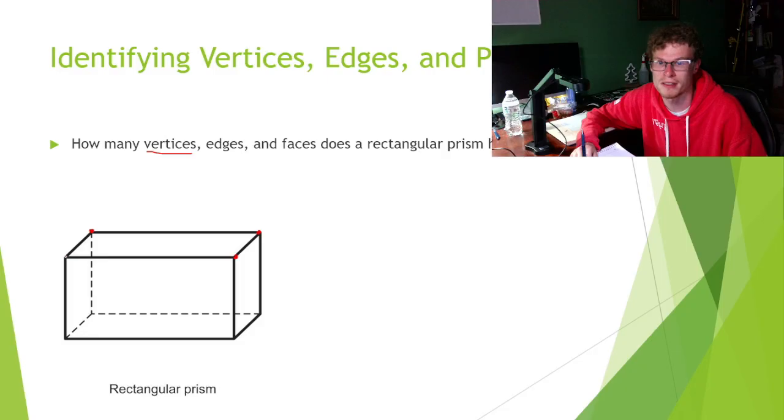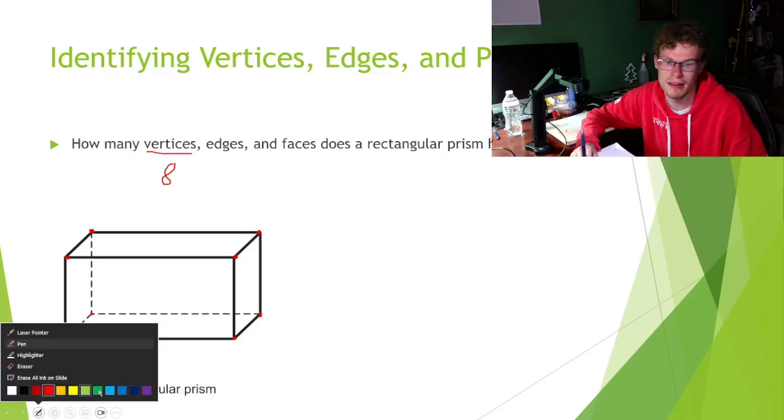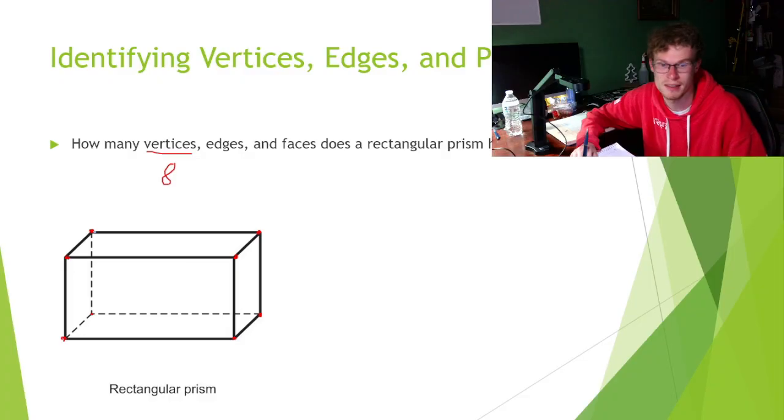Picture this as a Kleenex box. Any corner of that Kleenex box is a vertex. So we're identifying all of those here. As you can tell, once we look at every corner, there are 8 vertices there. Each corner where edges meet makes a vertex. Again, edges are the lines where faces meet.